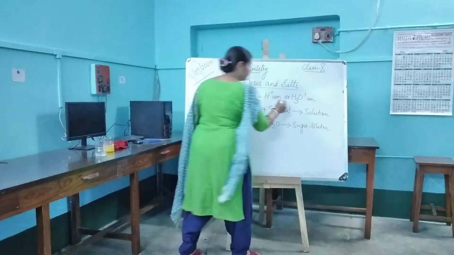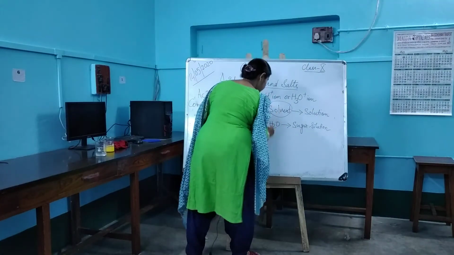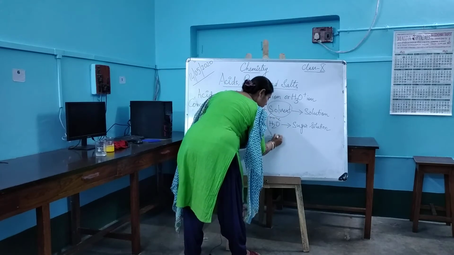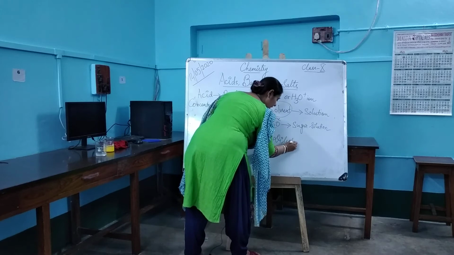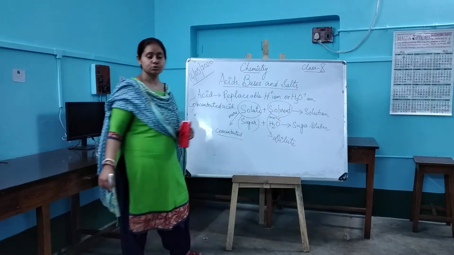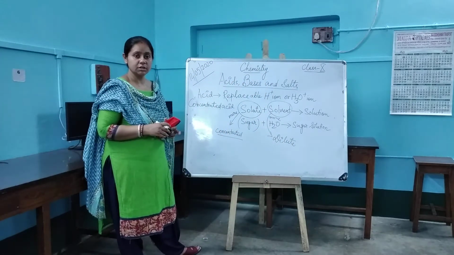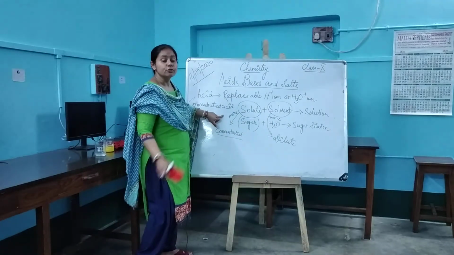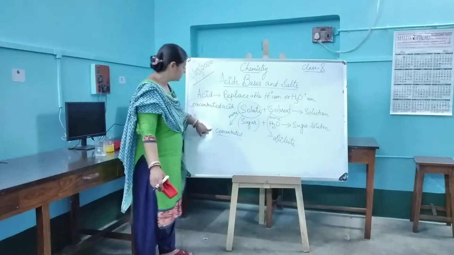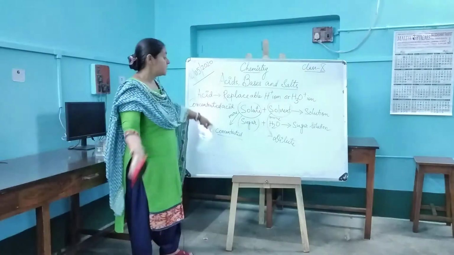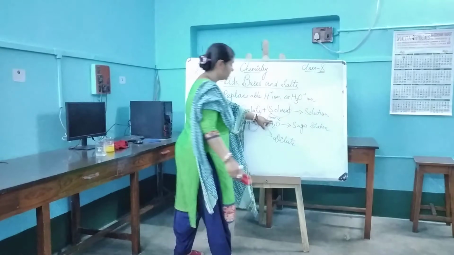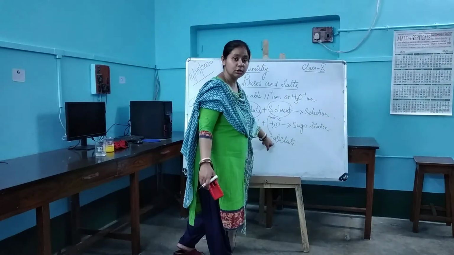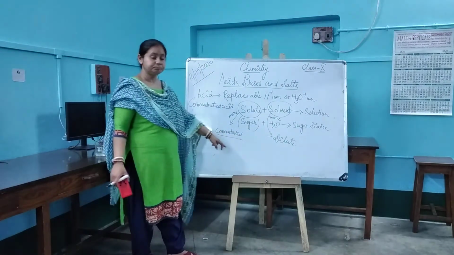And if solvent is more, we call it dilute. Is the concept clear to you? If solute is more, we call the solution concentrated. If solvent is more, we call the solution dilute. Is it clear to you?